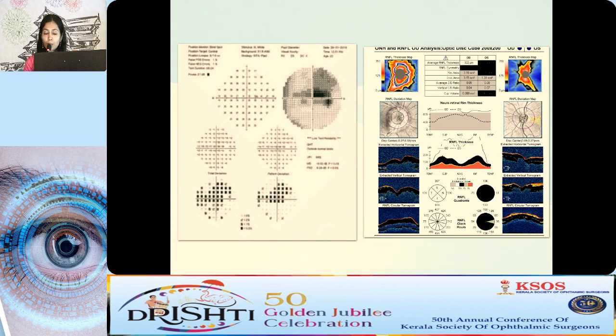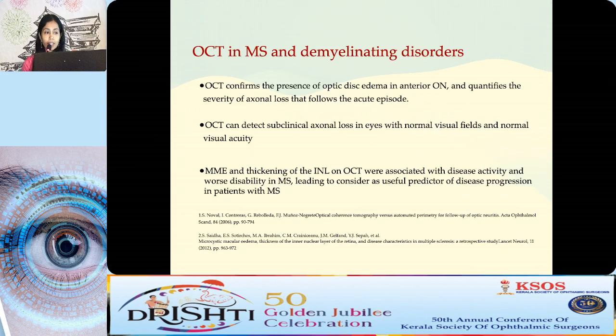So that is helpful, but it's not required to repeat the OCT RNFL every visit, because that's not going to help in the management. But in MS patients, as it was discussed before in the ERG VEP, OCT can detect subclinical axonal loss, even in those patients who never had an optic neuritis, and so we can know that the patient had subclinical optic neuropathy before.